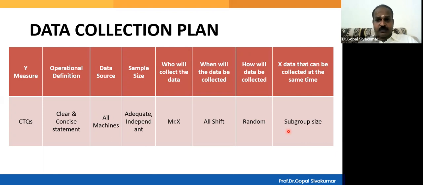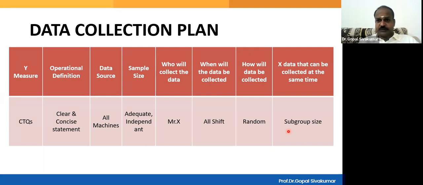So the first time, I'll take 5 samples. And the next time, I will take 5 samples. So how many samples am I taking at a time? Only 5. The 5 is called the subgroup size because every shift I am taking data in 2 subgroups. And every subgroup is going to have, let's say, 5 samples, which is called the subgroup size.